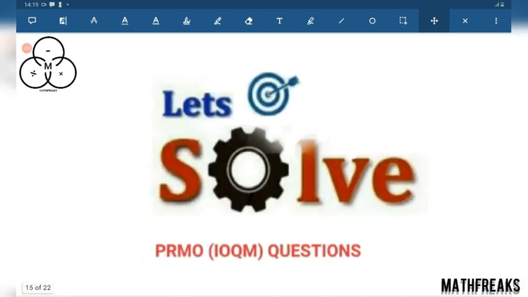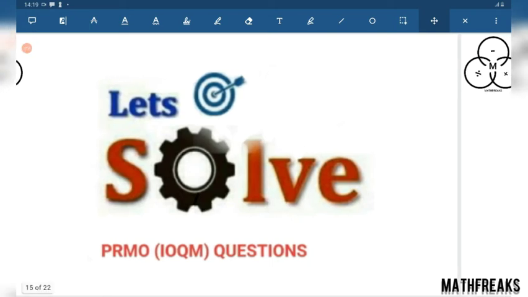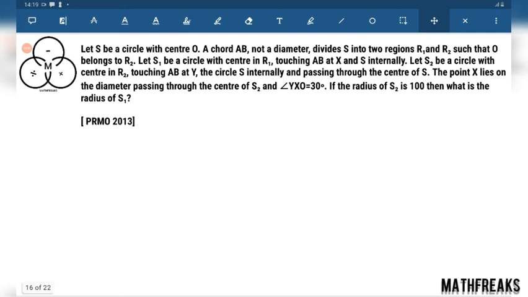Now we are moving to a PRMO question. Already we have solved one PRMO question, I guess. 3 more PRMO questions, and others will try to give either in DPP or in the form of archive or in PYQ discussions. We'll try to cover all the PRMO questions.